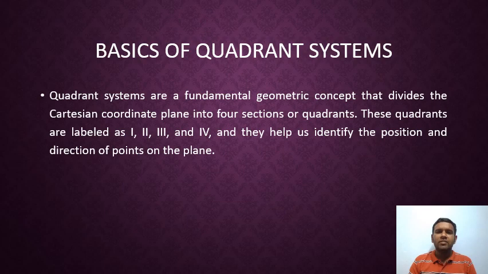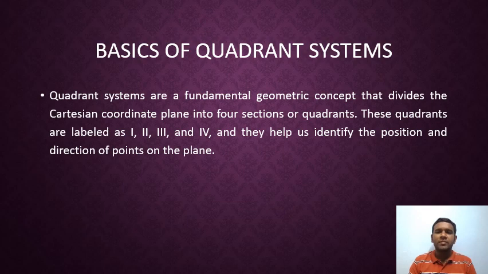What are the basics of quadrant systems? Quadrant system is a very complex topic, and to understand this, let's break it into smaller parts and go to its basics. Quadrant systems are a fundamental geometric concept that divides the Cartesian coordinate plane into four sections or quadrants.